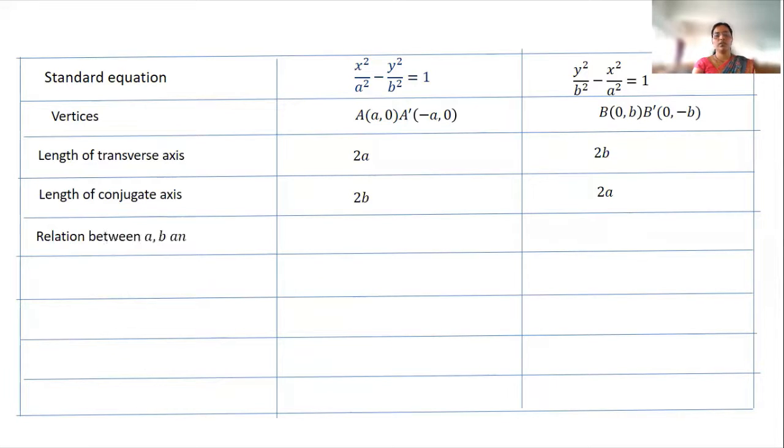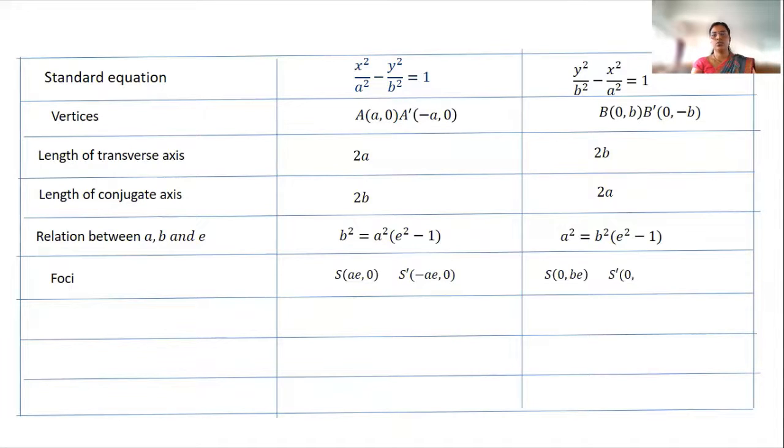Then the relation between a, b and e is b square is a square into e square minus 1, and a square is equal to b square into e square minus 1. Foci are S (ae, 0) and S dash (minus ae, 0). For the conjugate hyperbola, (0, be) and (0, minus be). Distance between foci is 2ae, and for the conjugate hyperbola 2be.